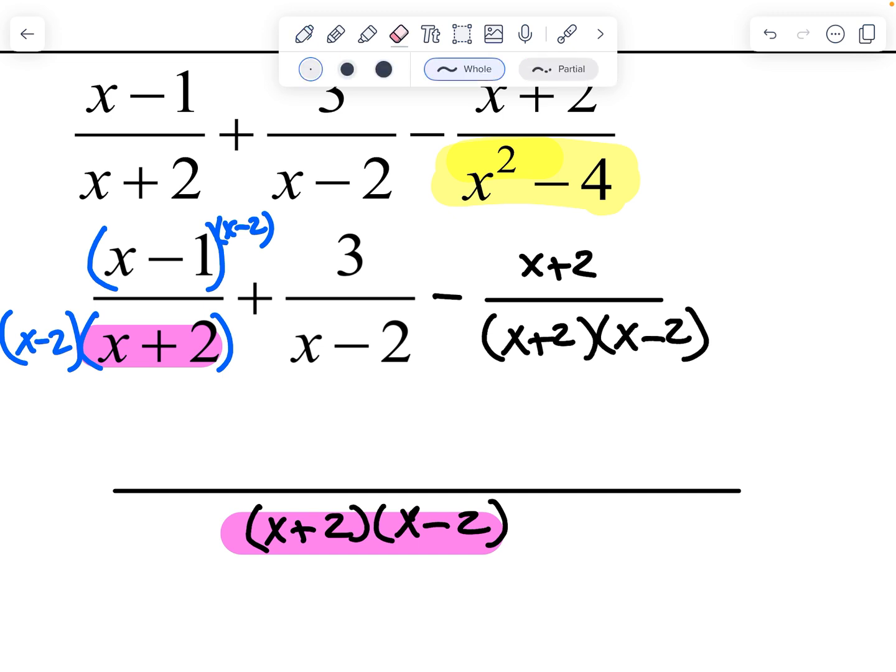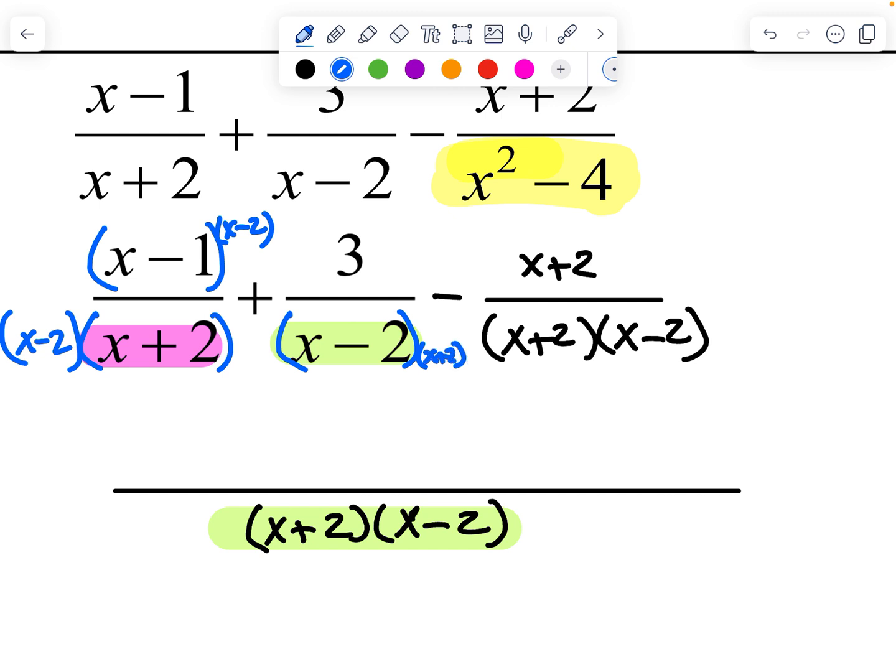Then we ask ourselves, self, what does this need to become this? And what it needs is an x plus 2. So we're going to multiply this by x plus 2. We're going to multiply this by x plus 2.